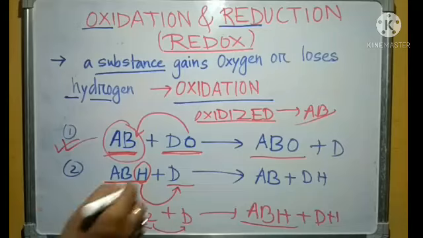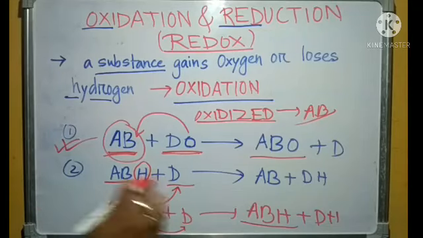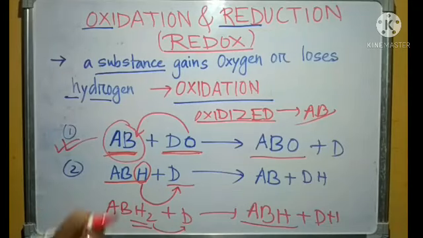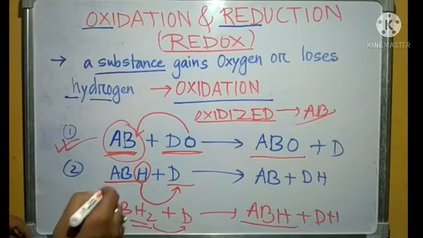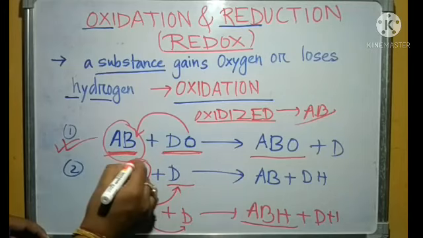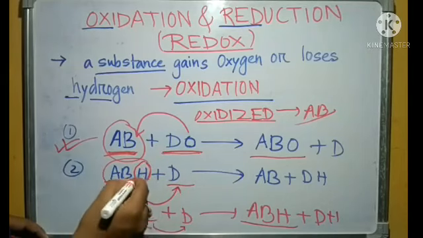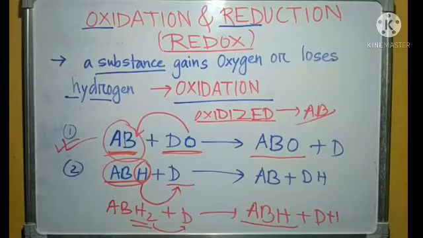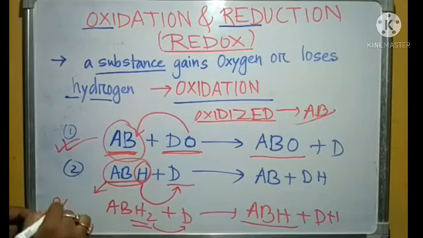If the reactant loses a hydrogen atom, then also we say that an oxidation reaction is taking place. The reactant from which the hydrogen atom is going, here ABH, is oxidized.